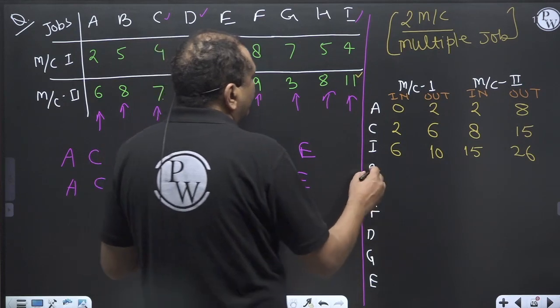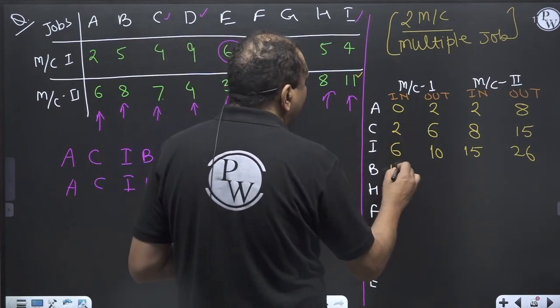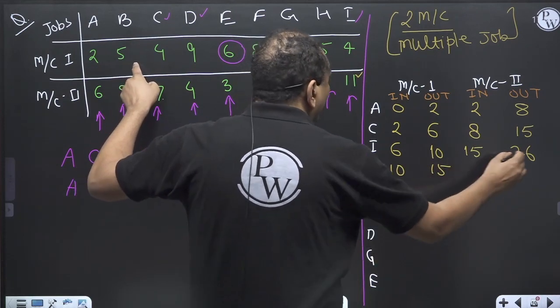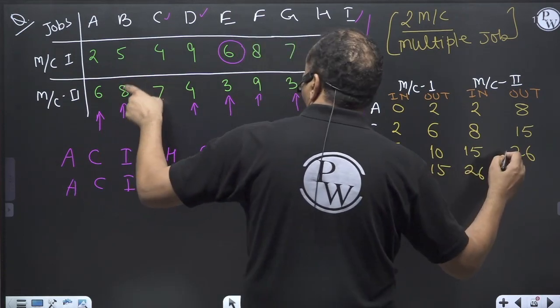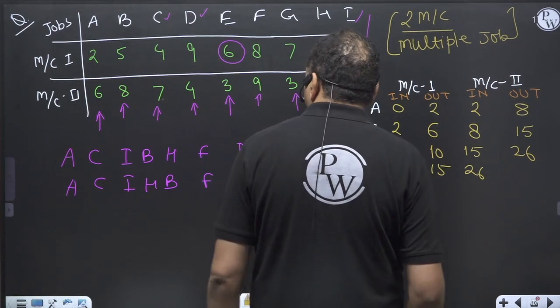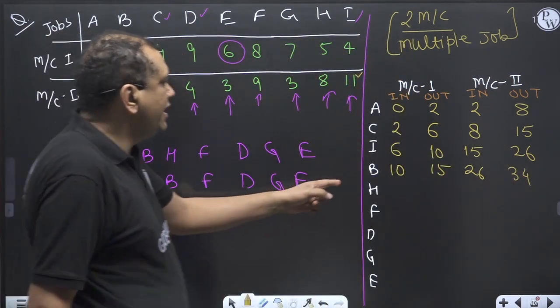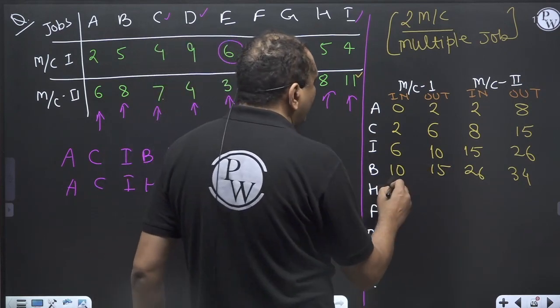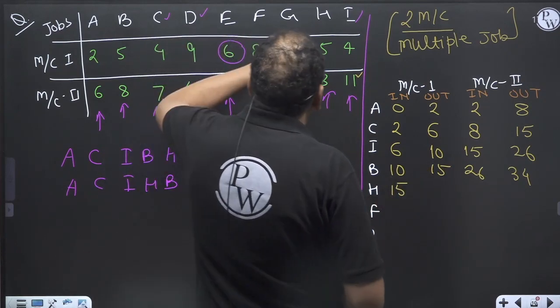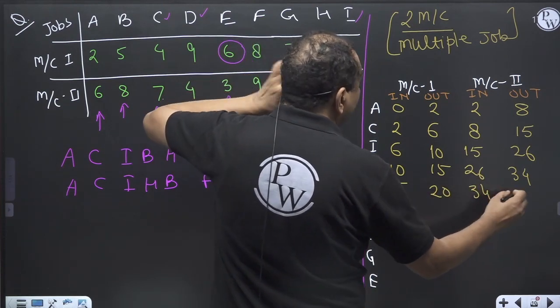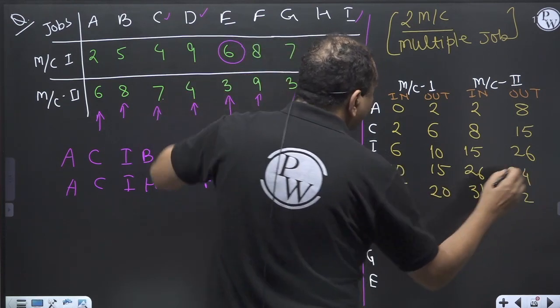B, machine will be available after 10 minutes. B consumes 5, so 15, 26, 34. H will go after 15 minutes, consumes 8 minutes in machine 2, 34 plus 8, 42.